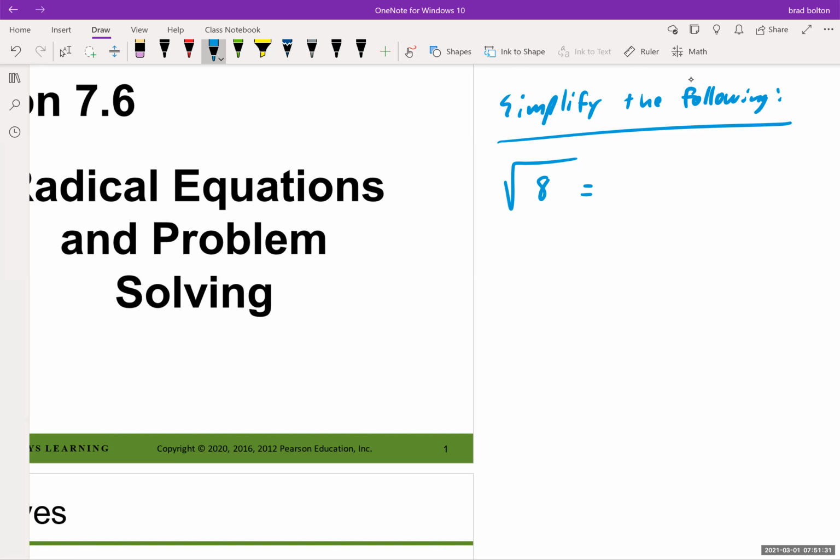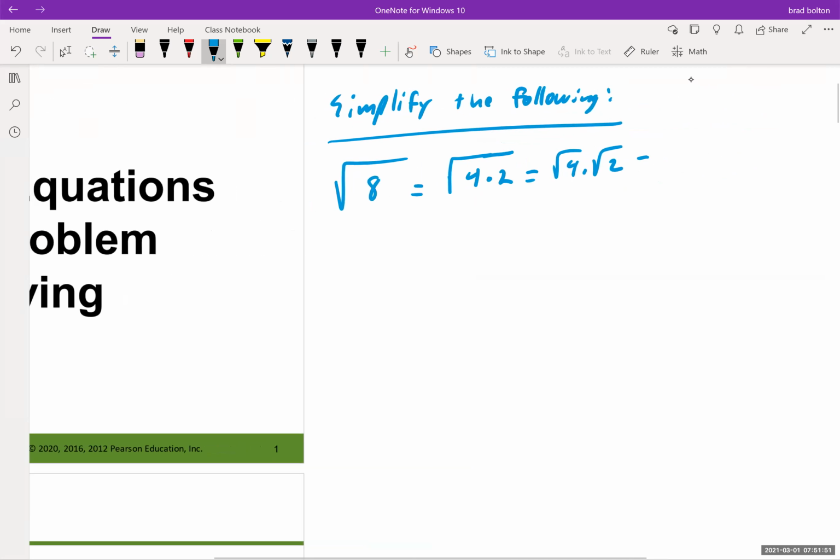The book would say 8 is really the square root of 4 times 2. This is using the product property of radicals, where you say this is the square root of 4 times the square root of 2. You are allowed to split a radical through multiplication or division using the product property or the quotient property. The reason this is good is because the square root of 4 is 2, so this is 2 square roots of 2.